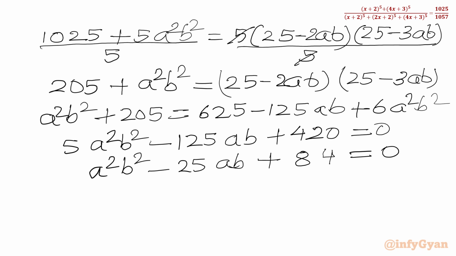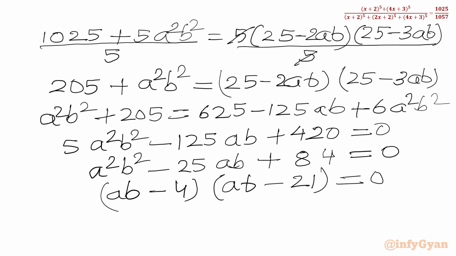We can factorize easily and write ab minus 4 times ab minus 21 equal to 0. From product 0 rule, we will write ab minus 4 equal to 0 or ab minus 21 equal to 0. So we can write ab will be 4 or 21.